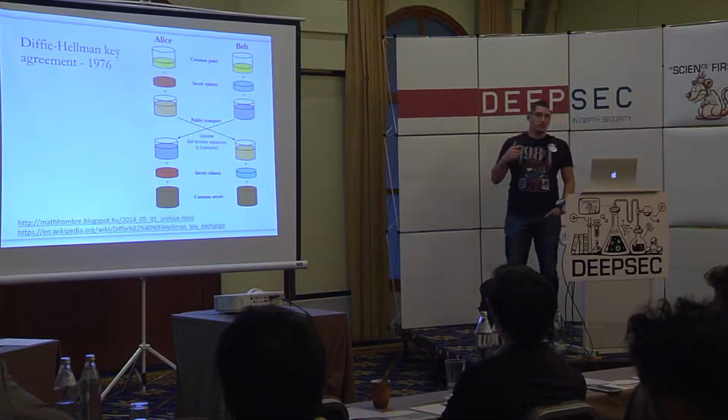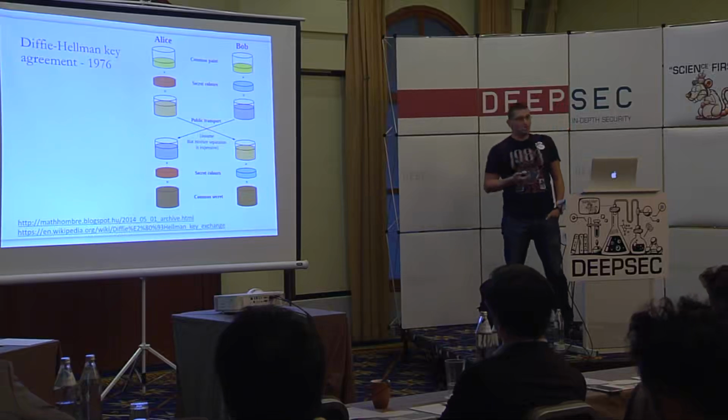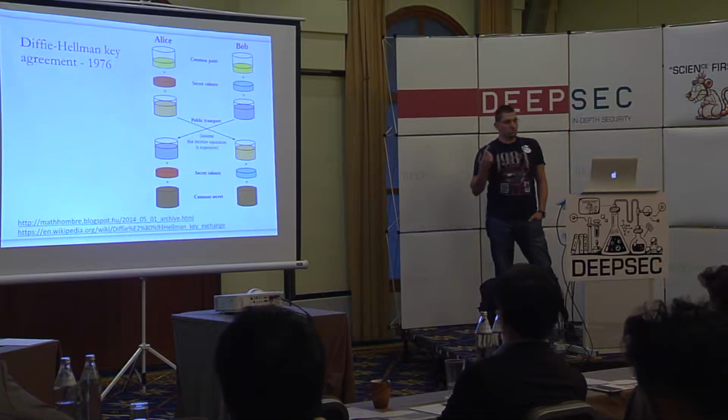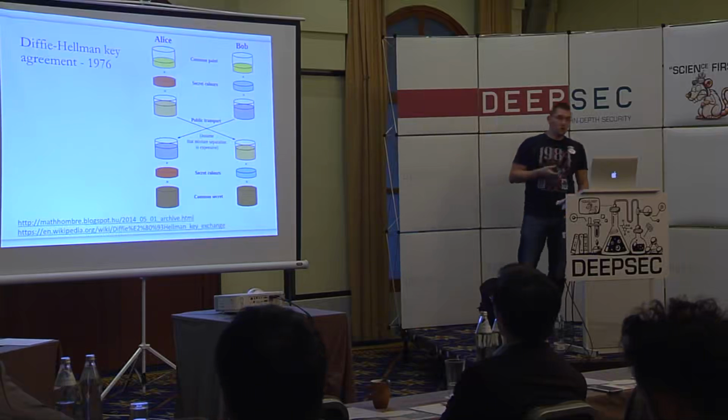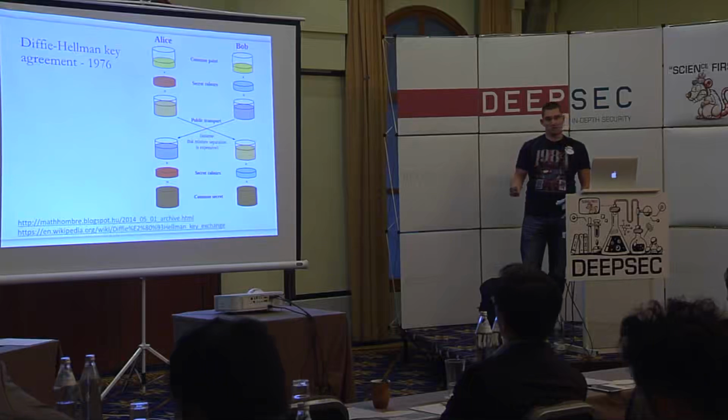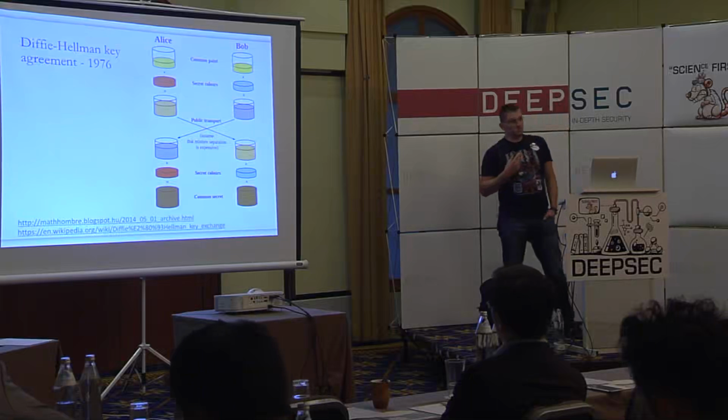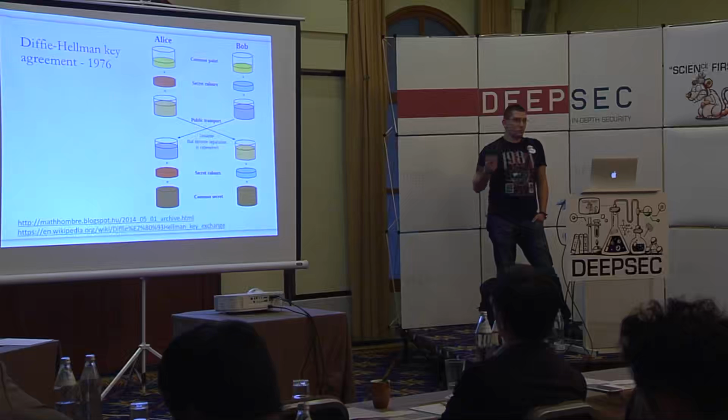Now they can use the public transportation and send these colors to the other. And let's say that there is an attacker who can see what kind of color was transported to the other party, and also assume that mixture separation is an expensive operation. For example, for me, it is very hard because I have no idea how these colors were created from the top of my head.